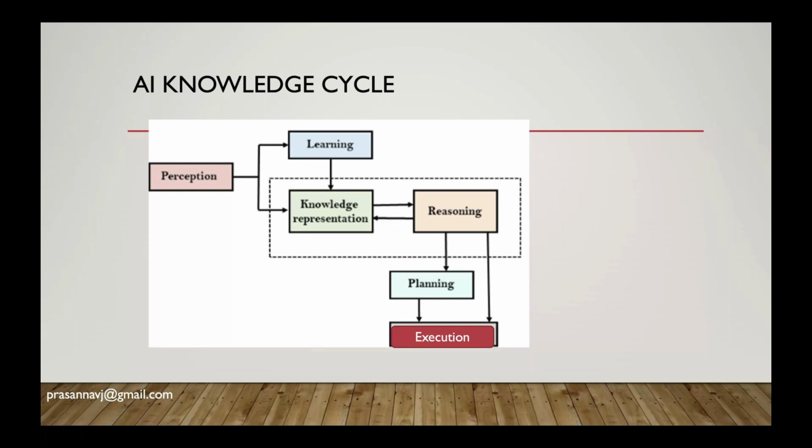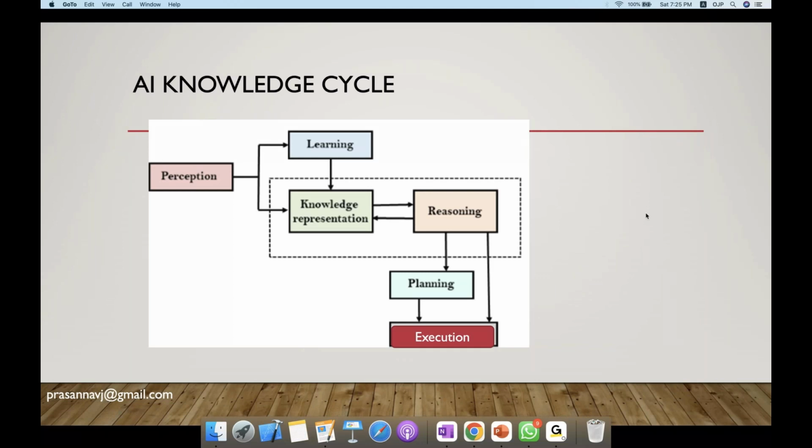The sensing infrastructure provides the current state, and the knowledge representation basically provides the information about what the robot has to do. And there is a reasoning layer. The reasoning layer utilizes the current perception and the knowledge and takes the next steps in terms of an execution.